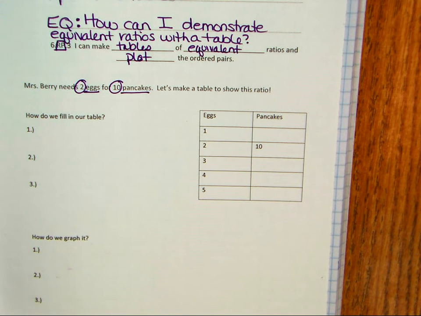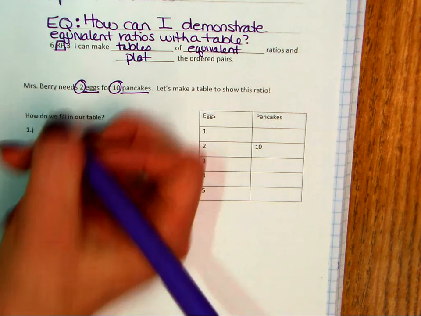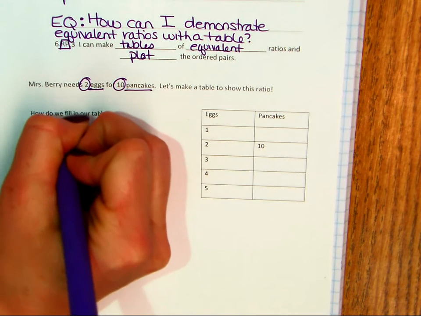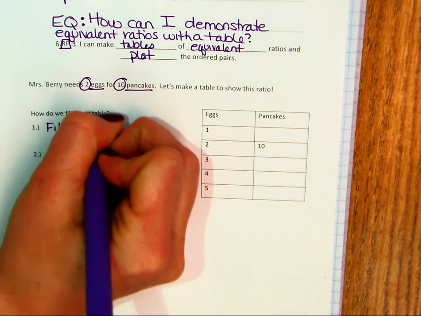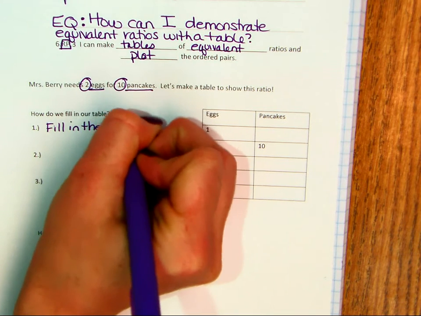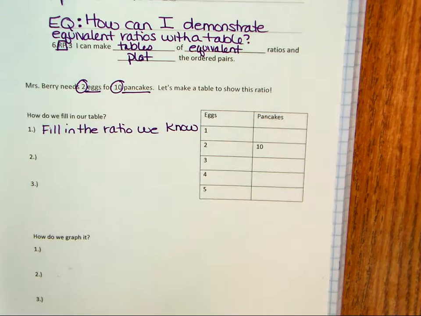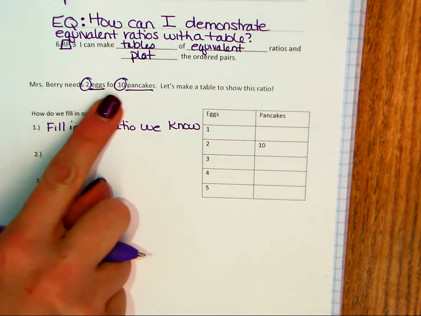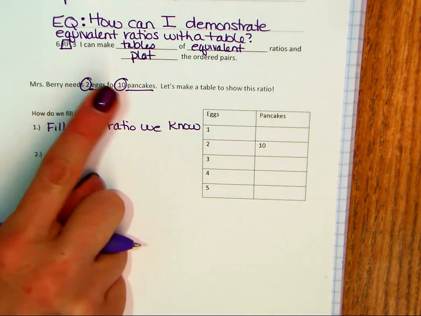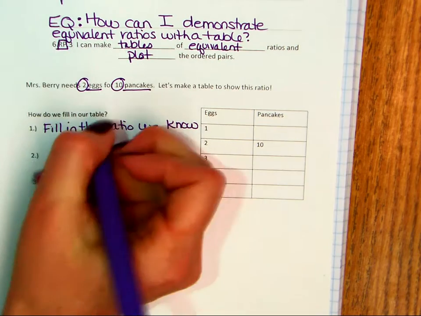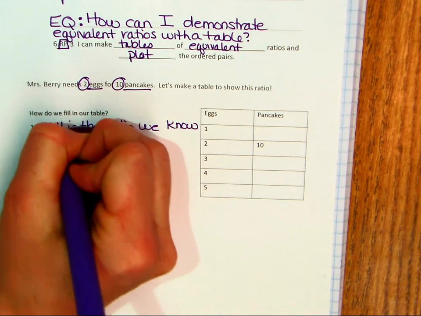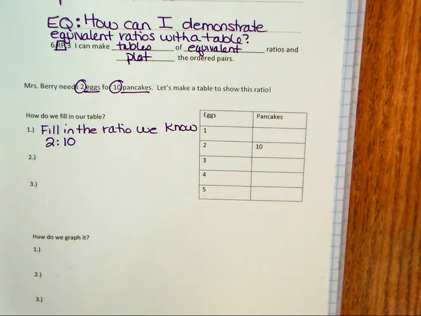So there are multiple steps in order to fill out this ratio. The first thing we're going to do is we're going to fill in the ratio we know. Okay, and looking up above here, we have 2 eggs, 10 pancakes, so that's our ratio. 2 to 10.